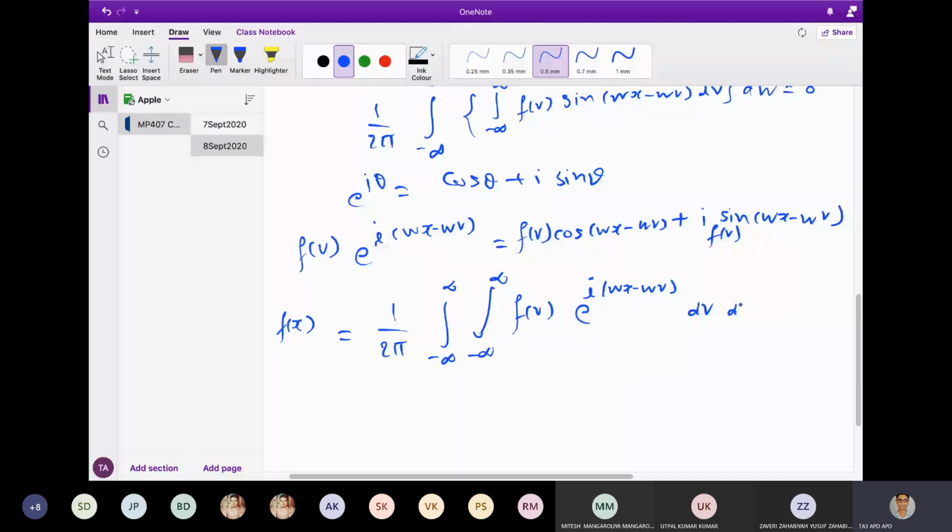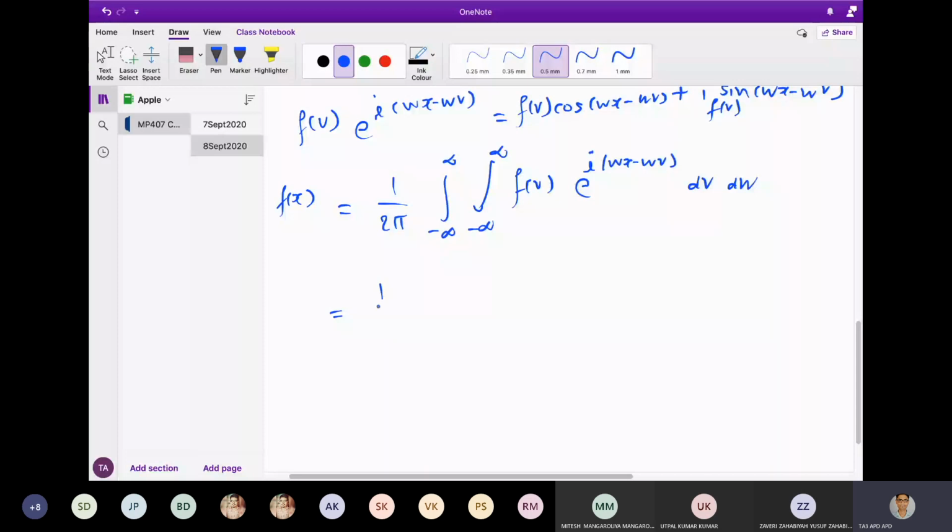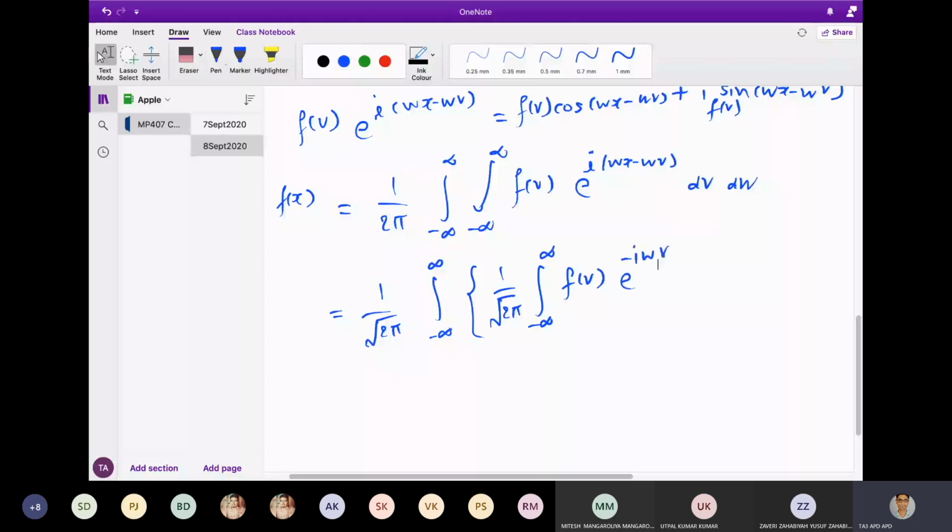Okay, so now this whole function is in the exponential form, and if I split it into two parts, 1 over under root 2 pi integral from minus infinity to infinity, and then one other integral inside, 1 over under root 2 pi, I'm just splitting it into two, integral from minus infinity to infinity of f of v with e to the power minus i wv.